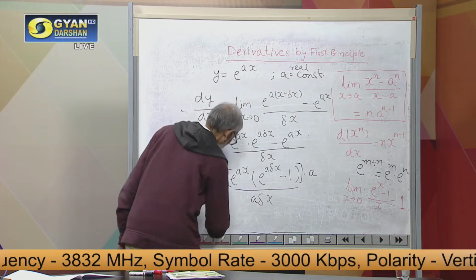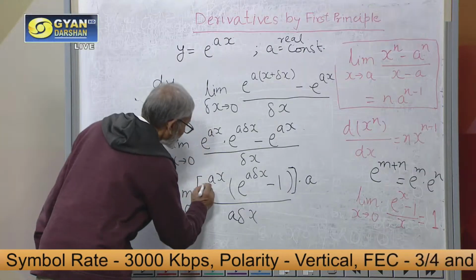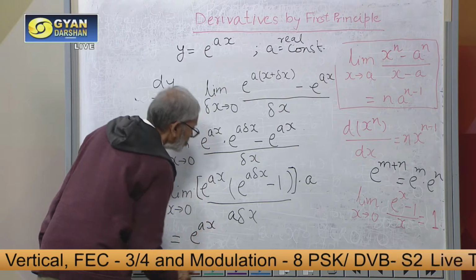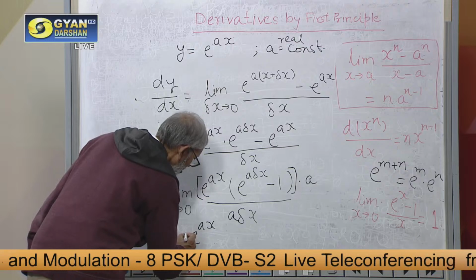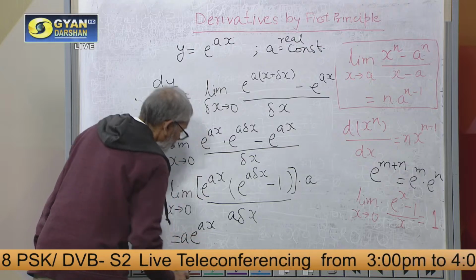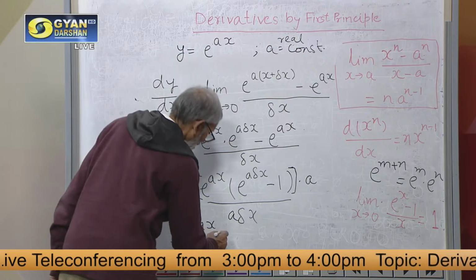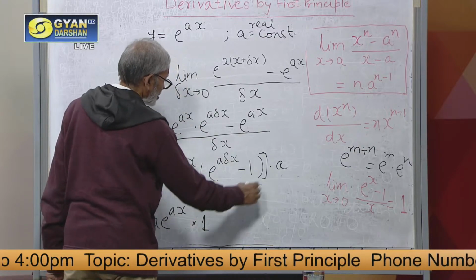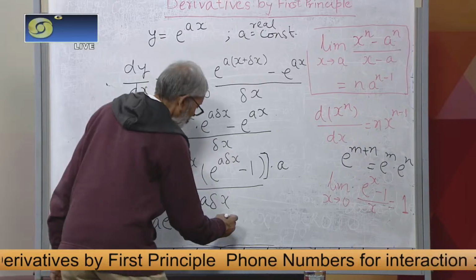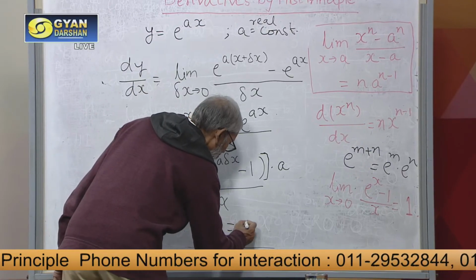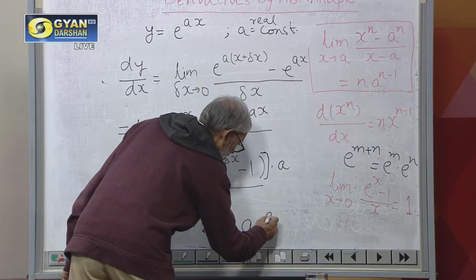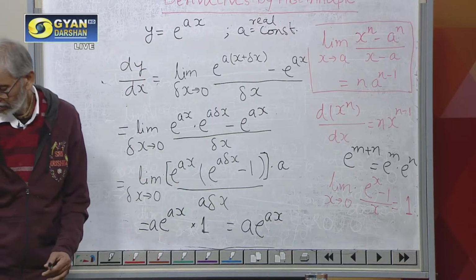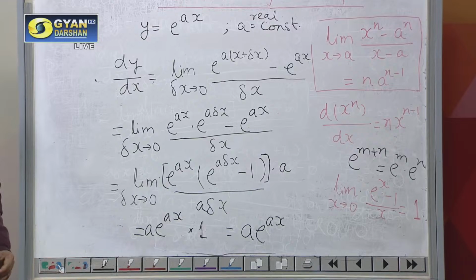So, this will be equal to e to the power a x, which is constant, so it will come outside. Again this a is constant, so this a will also come out, and this will become 1. So, it will be a e to the power a x. Okay.